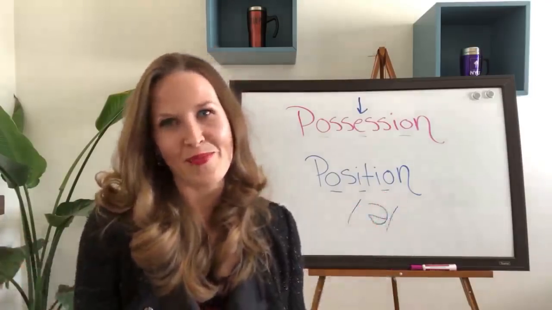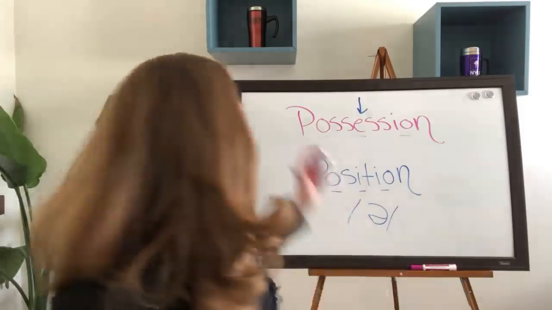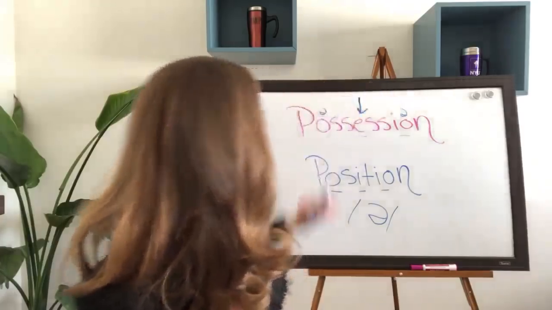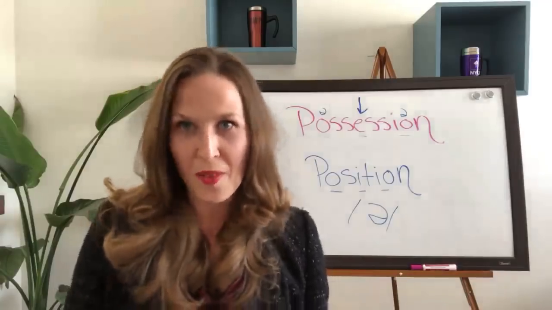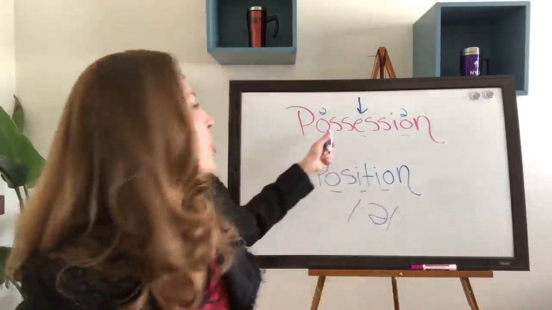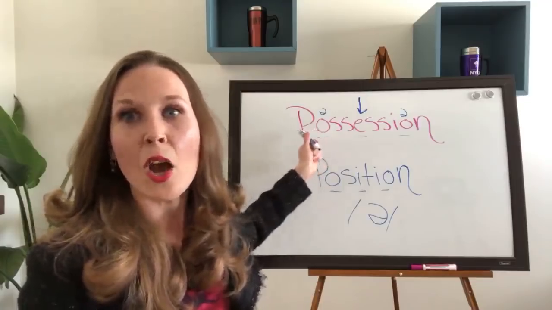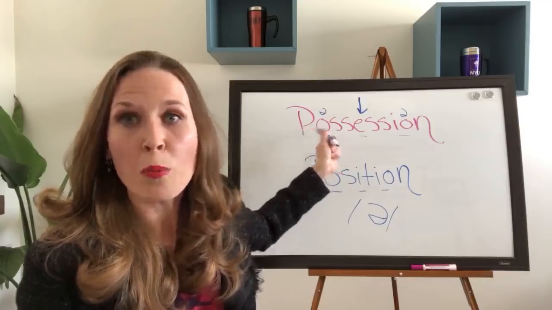Well, maybe a little bit of a trick because there's actually 2 schwas. Both of those sounds become the schwa. So you see this O, right? And maybe you might say po, right? Po, possession.